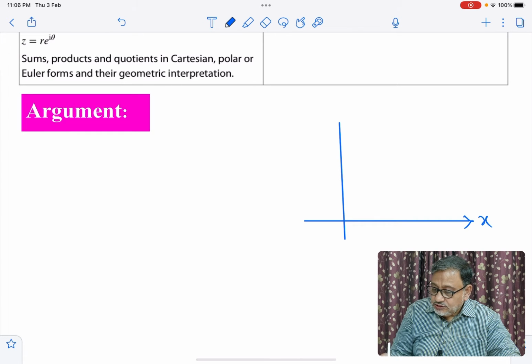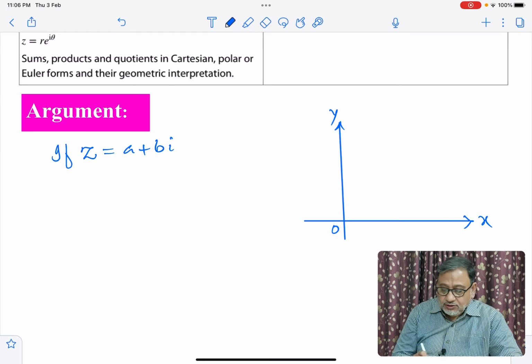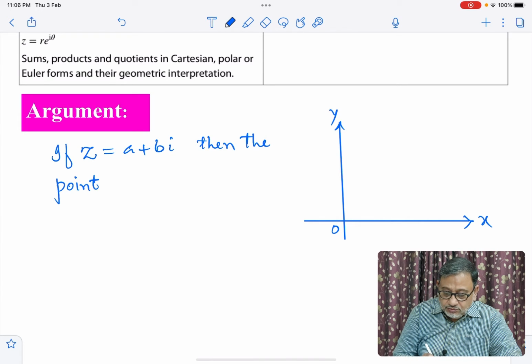We have already discussed that if z is equal to a plus b iota, or a plus bi, then the point P with coordinates a, b represents the complex number z on the complex plane.